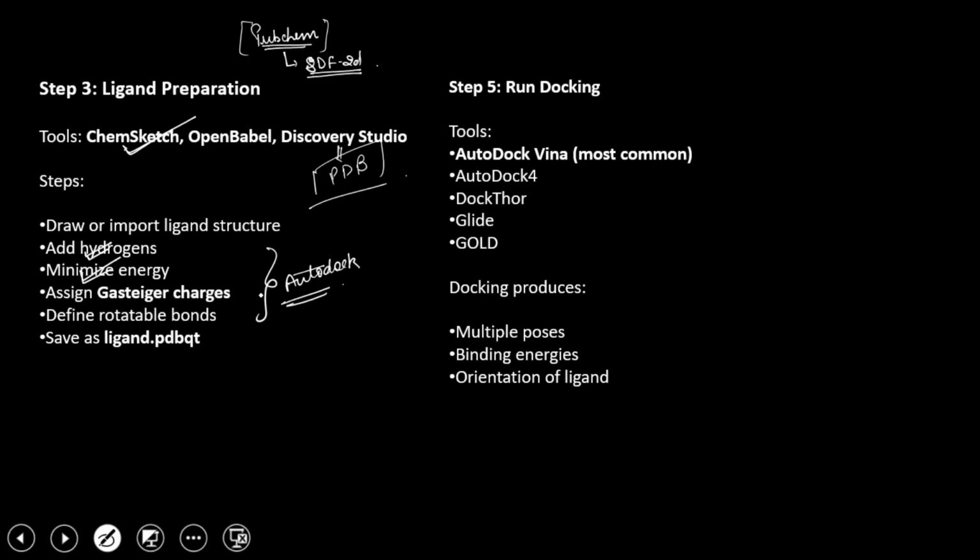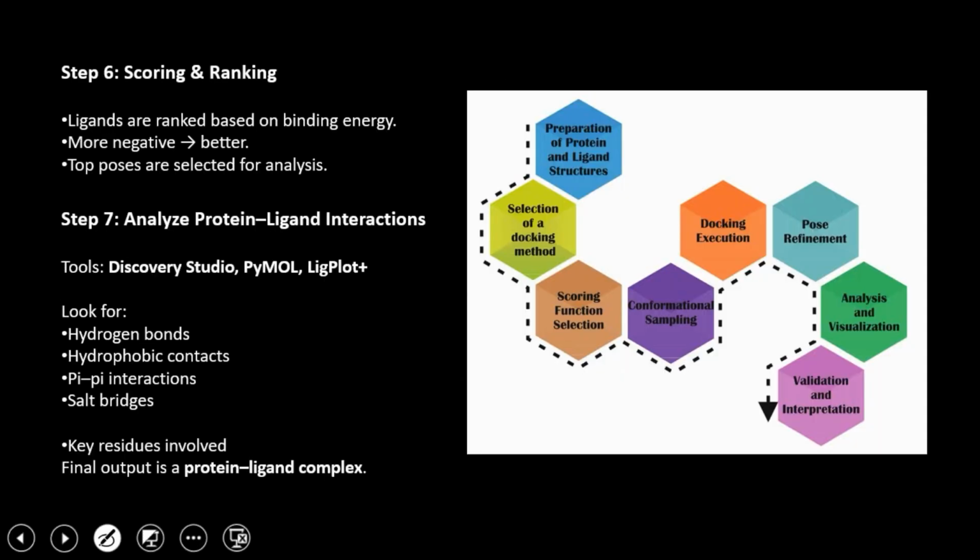For the docking portion, we use AutoDock Vina, AutoDock 4, DockThor, Glide, GOLD, etc. The docking procedure generates multiple poses to find the binding energy or orientation of the ligand. Then finally we find the result in the form of a scoring value. The lower the scoring value, the higher the activity.